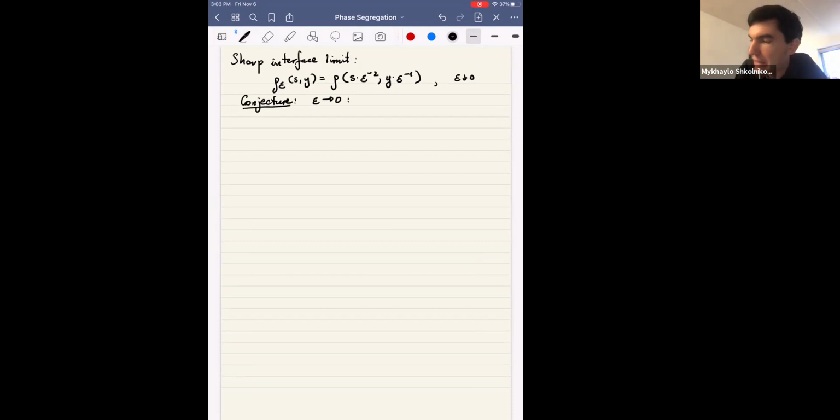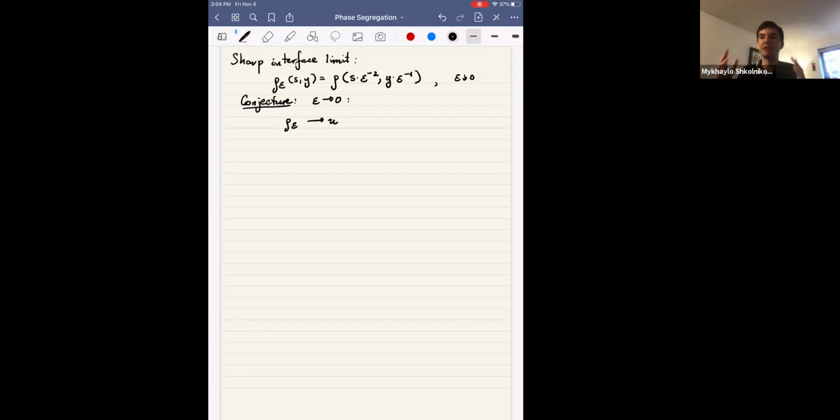And so the conjecture that they have formulated is that, under suitable assumptions on the initial condition, this limit does exist, and that it's given precisely by the free boundary problem that I had on my first slide, in the very beginning of the talk, right? So the claim is, once you send epsilon to 0, once you zoom out completely, the interval will shrink to a point, and the evolution of this boundary between oil and water will be described by the free boundary problem that I mentioned in the beginning.